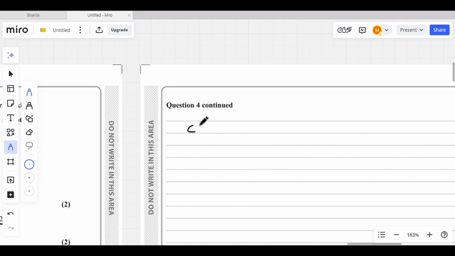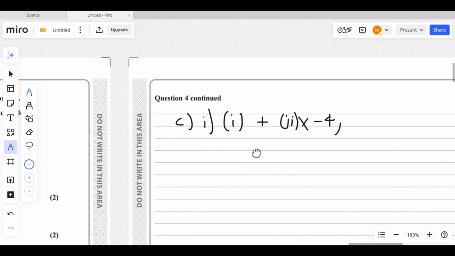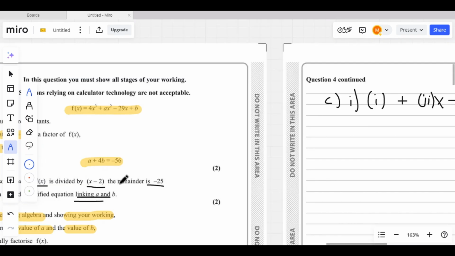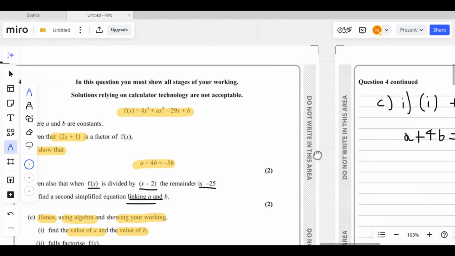So for part c, we will be adding equation 1 with equation 2 multiplied by negative 4. So what will we get? The first equation we got a plus 4b equals negative 56.